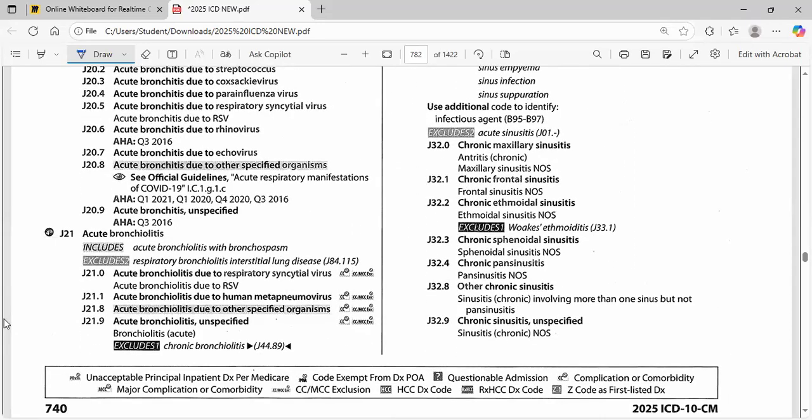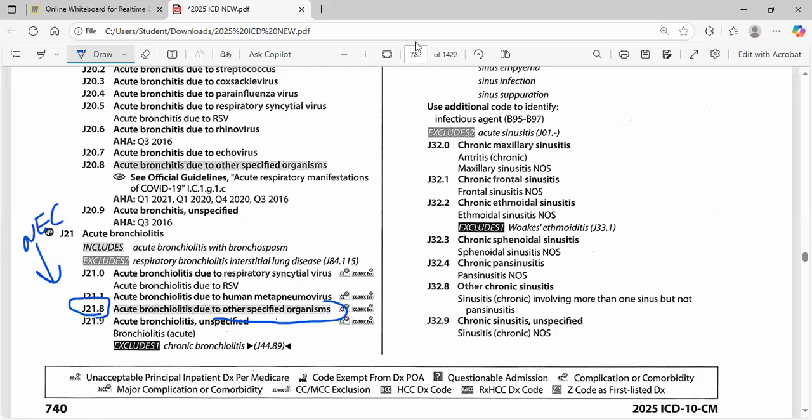Here it is. If we pull the J21.8 code in the tabular, it will lead to other specified organism. So whenever a code is listed as NEC in the index, then in the tabular it will be other specified. So whenever a condition is listed in the medical records, however the book does not classify that condition, then in the index we have to pick a code for NEC classification, which will route to the other specified code in the tabular.